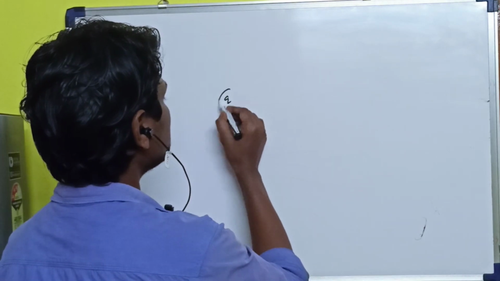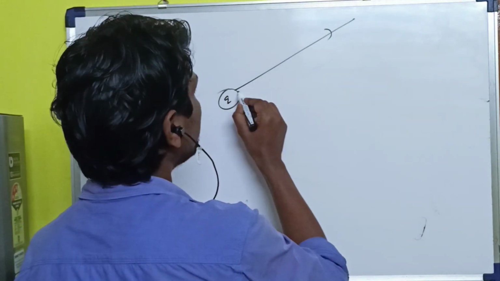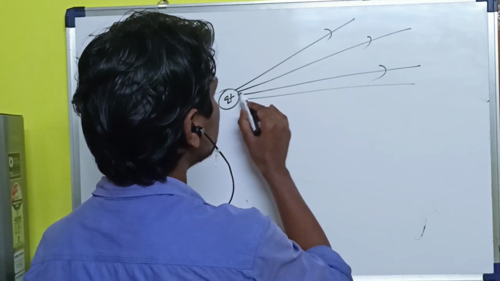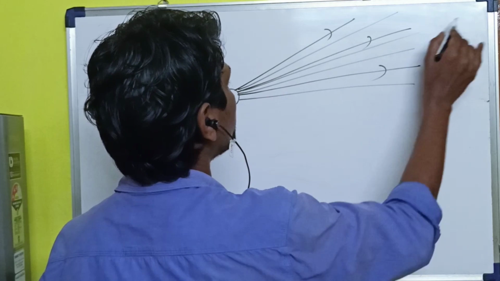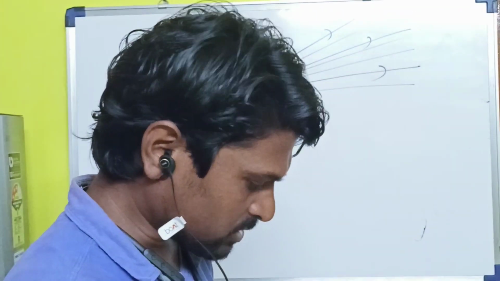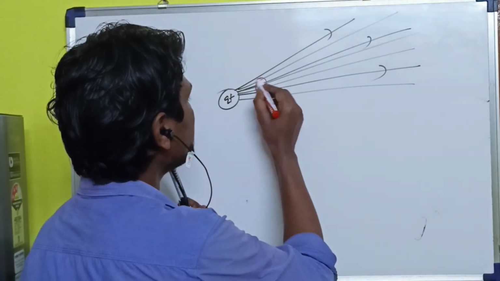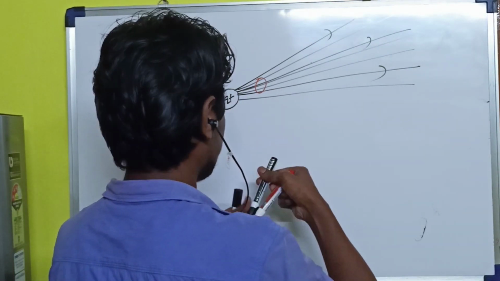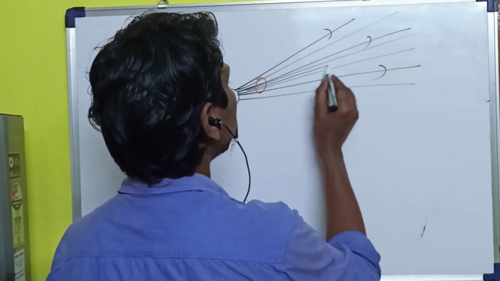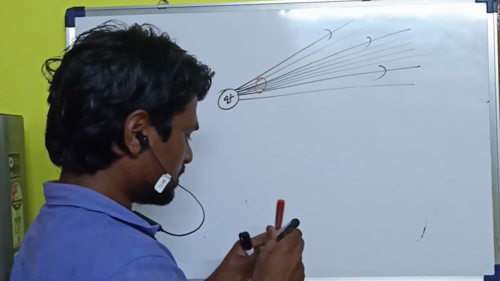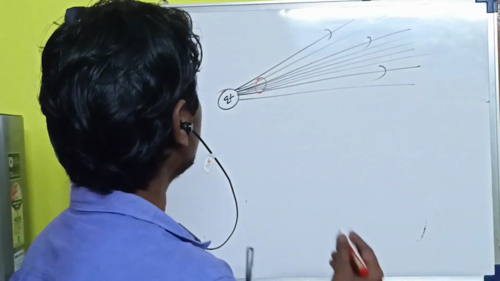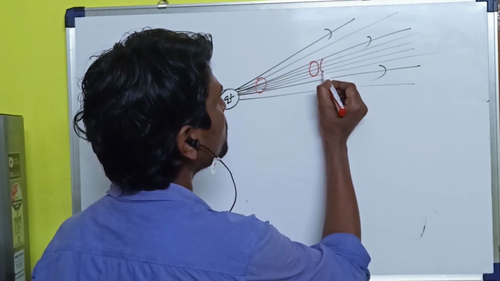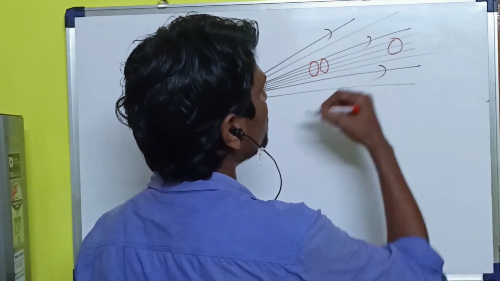So suppose there is a charge Q and it creates a field. Since this is positive, it creates a field along this direction. And students, we take some equal areas at different positions.